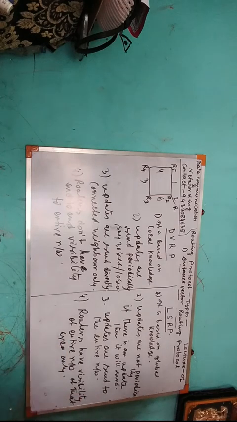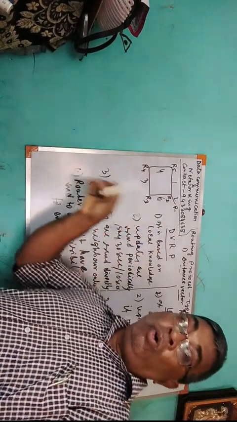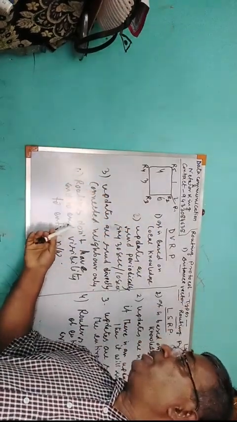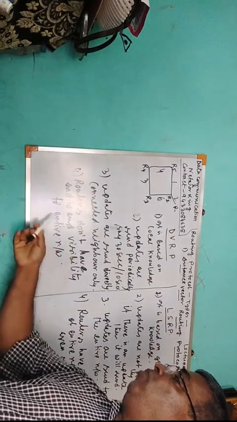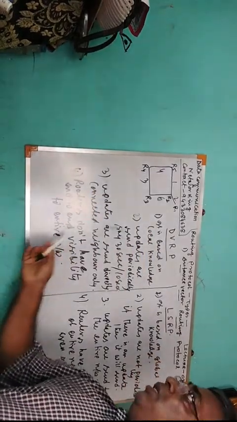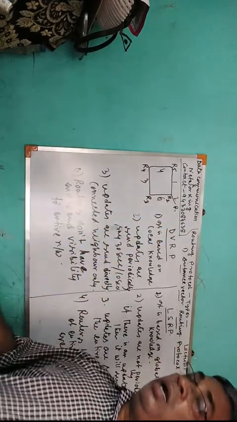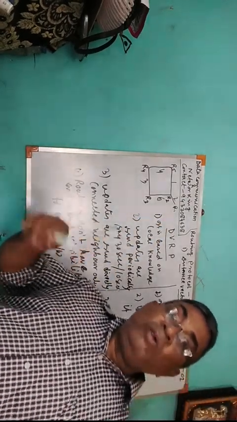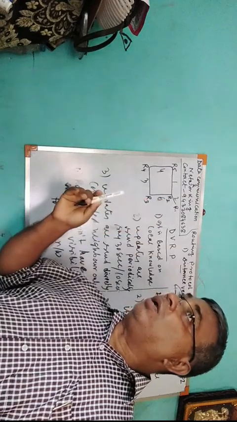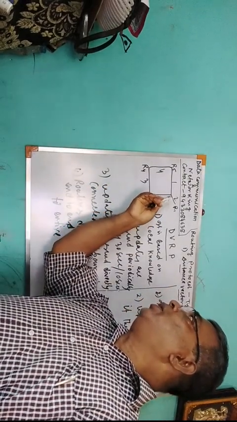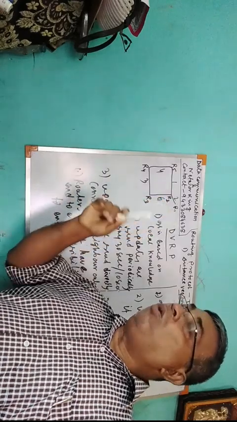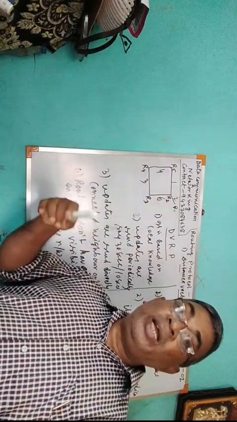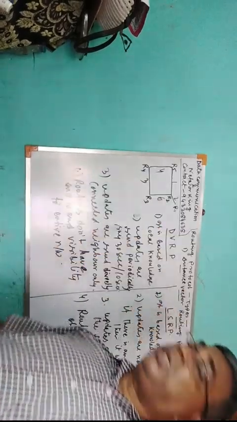This point states that routers don't have end-to-end visibility to the entire network. This means that this router doesn't know how many routers are connected through this network. It knows only one, this R2 is connected. R1 does not know how many routers are connected to the network in case of distance vector routing protocol.